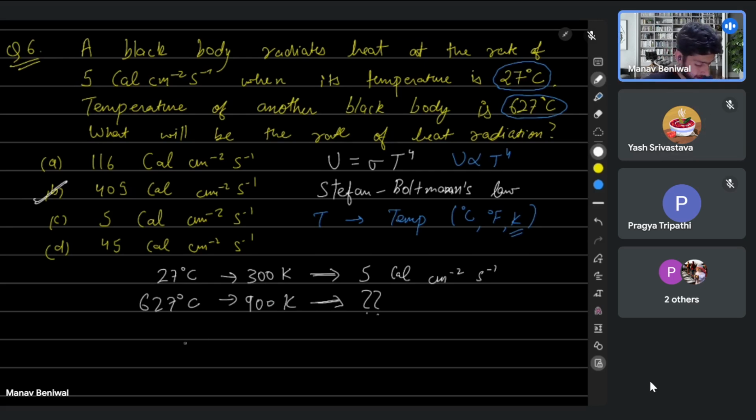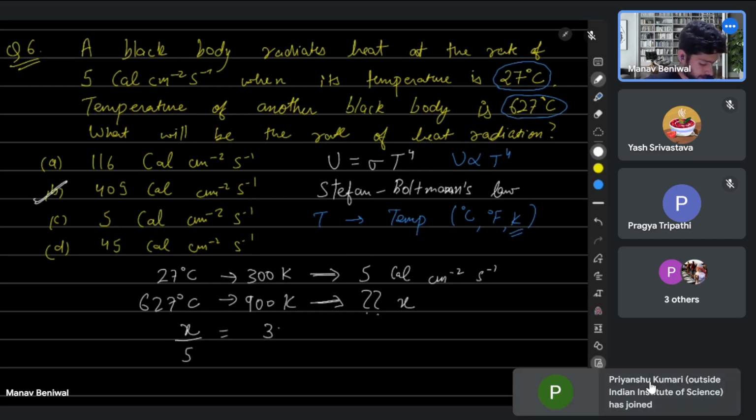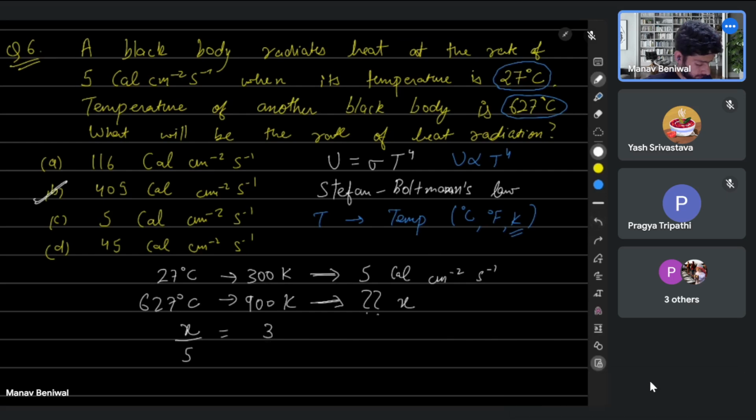Let us call this x. So x over 5 will be 900 over 300 to the power 4.